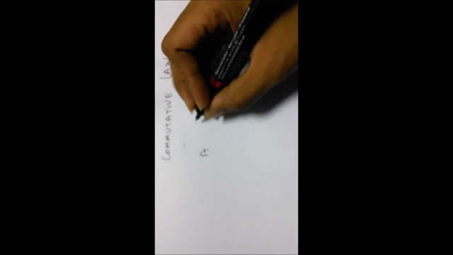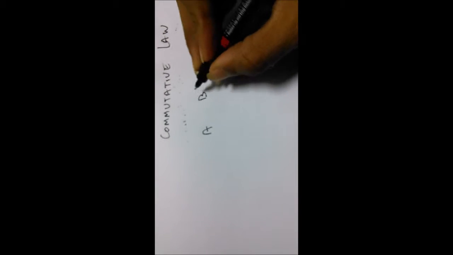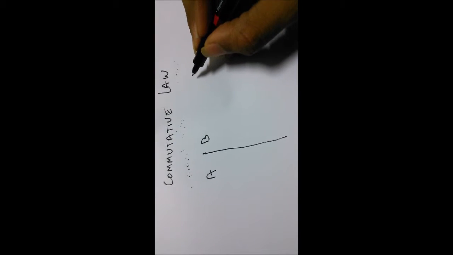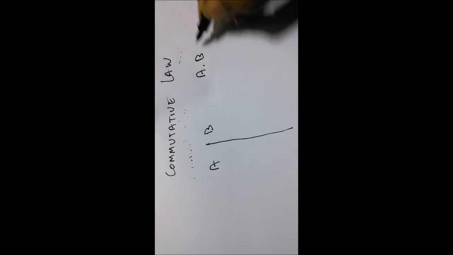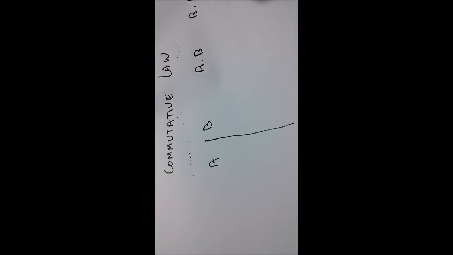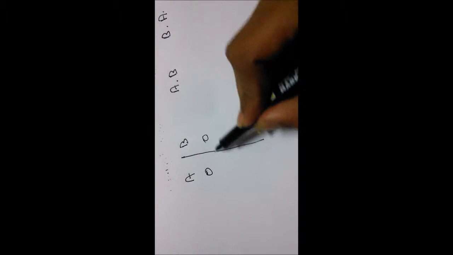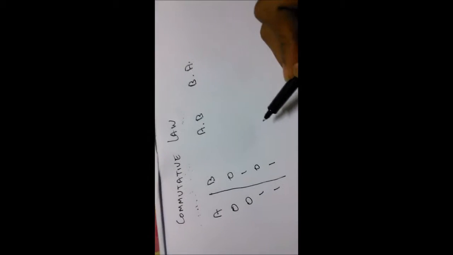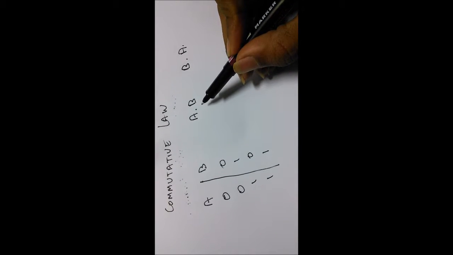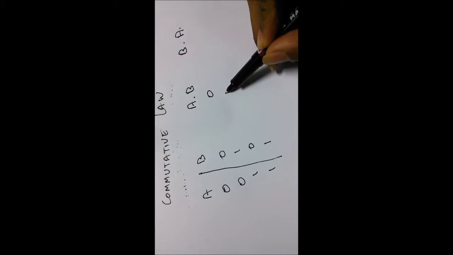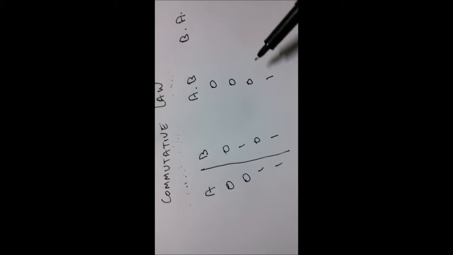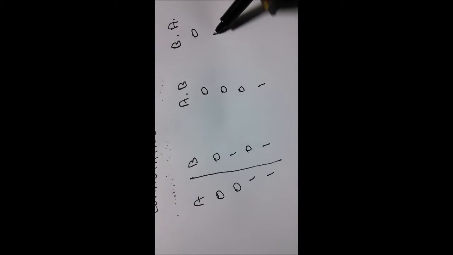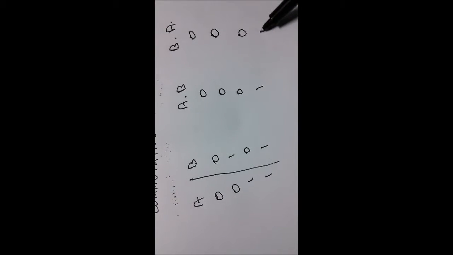For inputs A and B, we'll have A dot B and B dot A. For the inputs 00, 01, 10, 11, A dot B gives 0, 0, 0, 1, and B dot A also gives 0, 0, 0, 1.